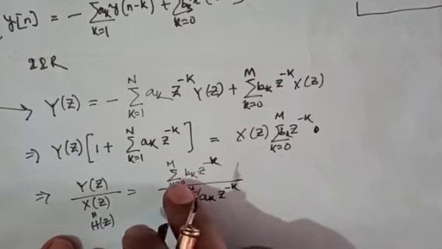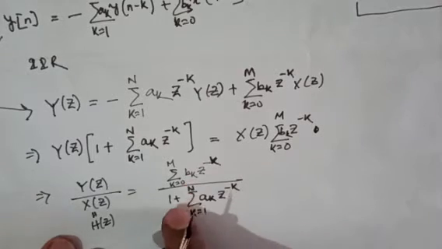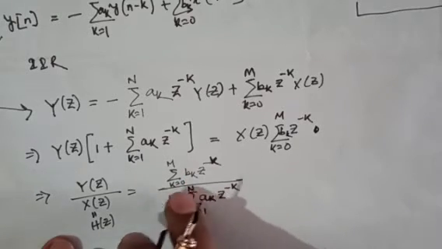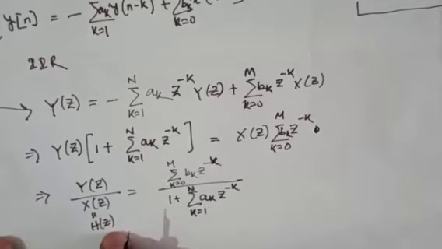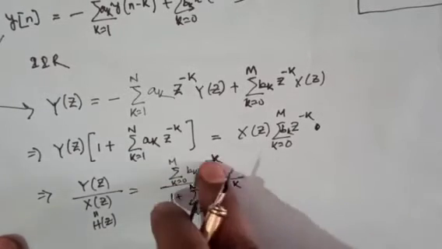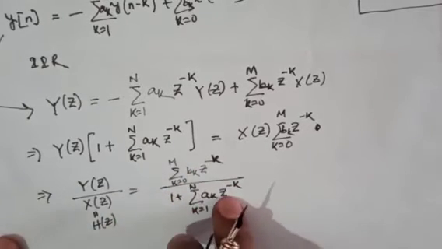So this is an Mth order polynomial and this is an Nth order polynomial. If you are dividing, you will get an infinite polynomial here. That means this h of n, if you do the inverse transform, will be infinite. But you can still realize it, because this is a finite polynomial, and this is also a finite polynomial.